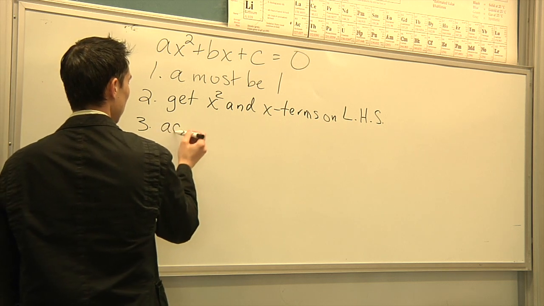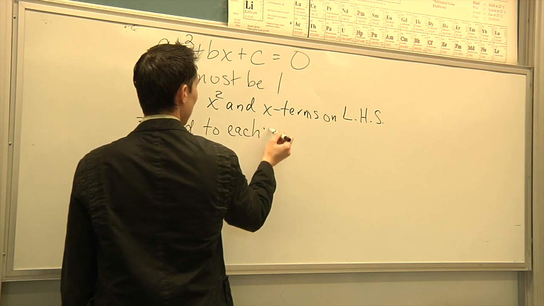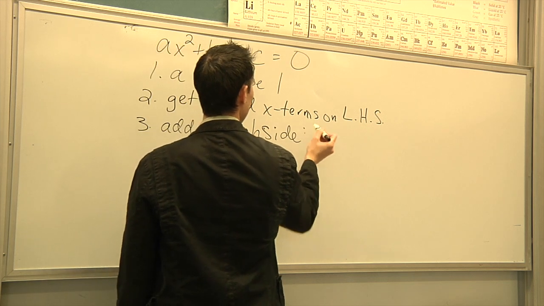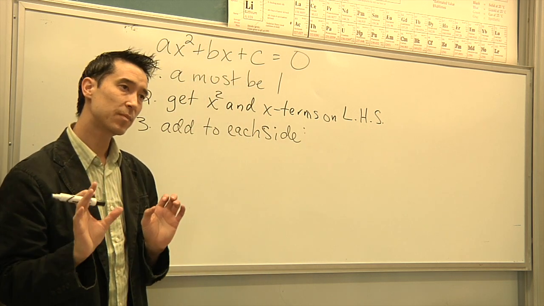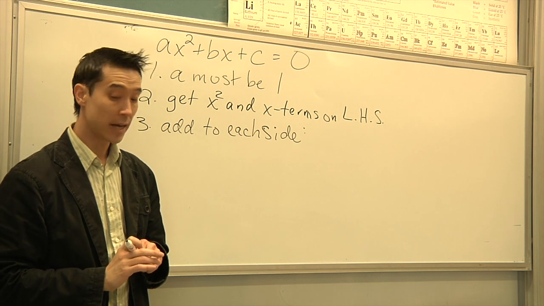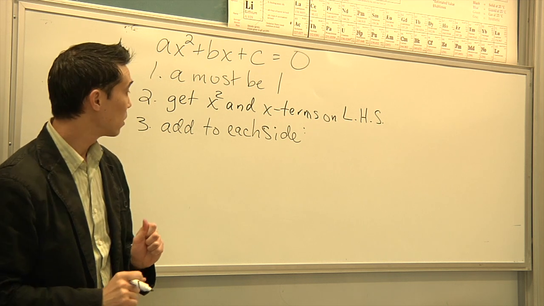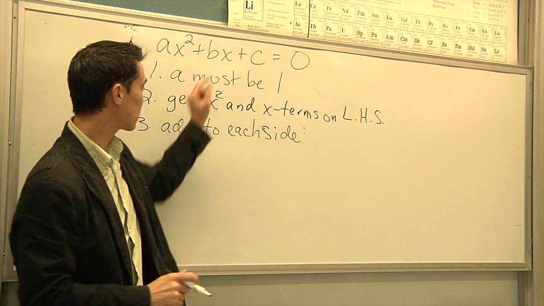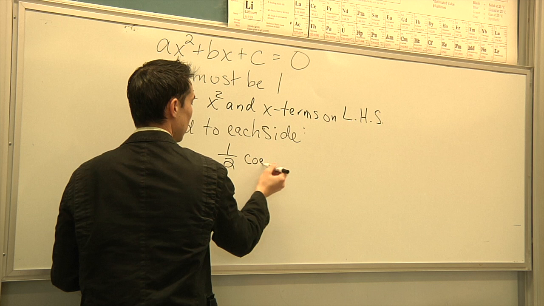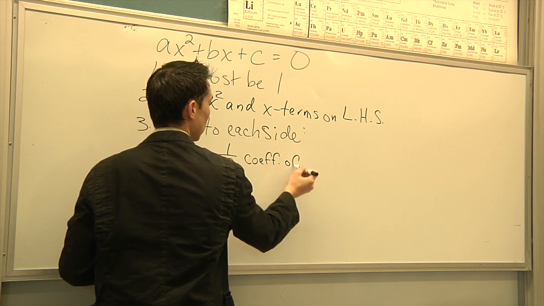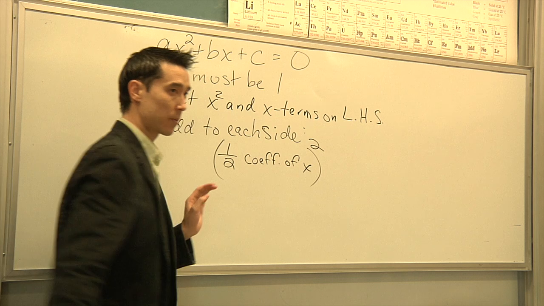Add to each side a special number. Okay, so we're going to add to both sides a very specific special number. And that number is this: half of the coefficient of x. So we're going to take 1/2 the coefficient of x, whatever that is, and then we're going to square that number.